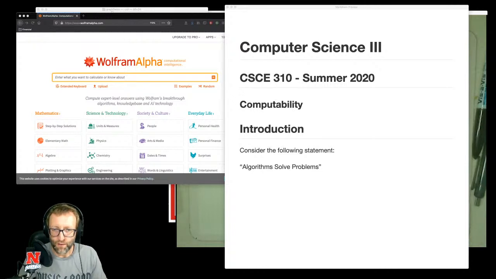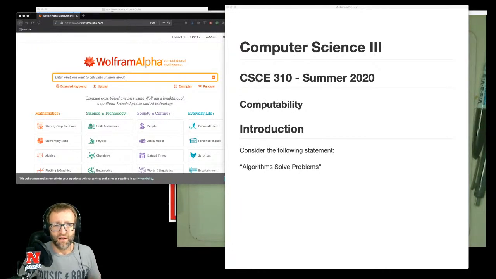What does it mean to solve something? And what are problems, right? We have kind of a good idea of what an algorithm is. An algorithm is simply just a list of instructions for describing some process, right? Pseudocode, basically. But what does it mean that it solves a problem? It takes input and it produces output, right?